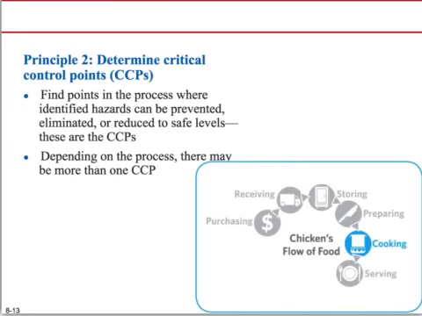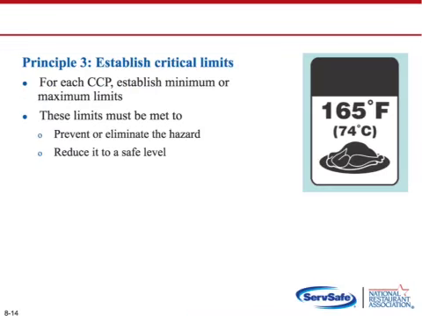They've highlighted cooking in this particular example because in the next slide, they recommend an example of chicken, a prepared chicken product that, let's say, you put on the grill and serve to a customer. Because you're going to cook it and serve it right away, cooking is identified as the critical control point.